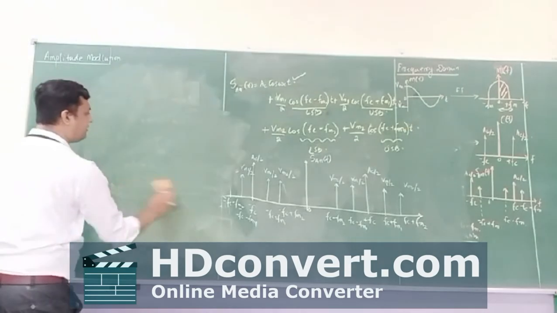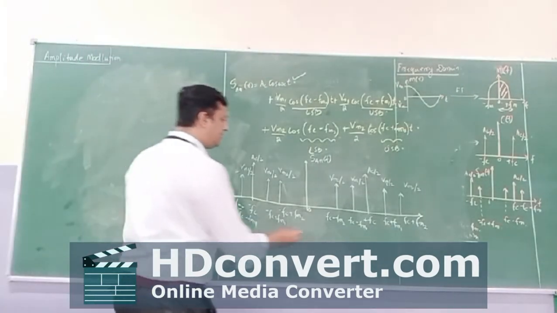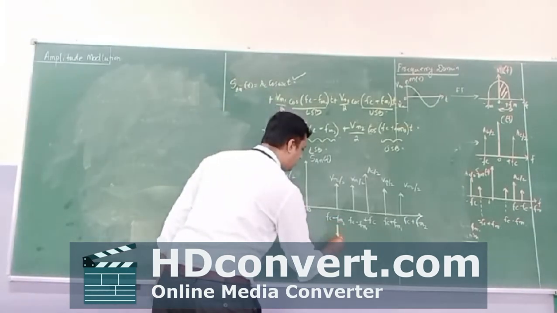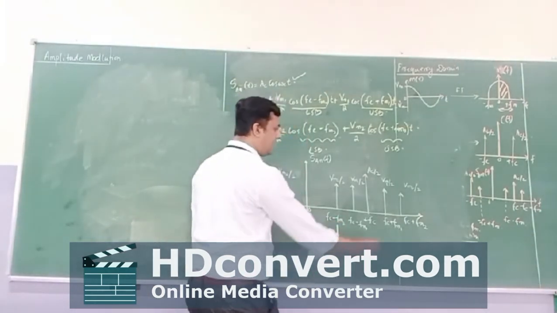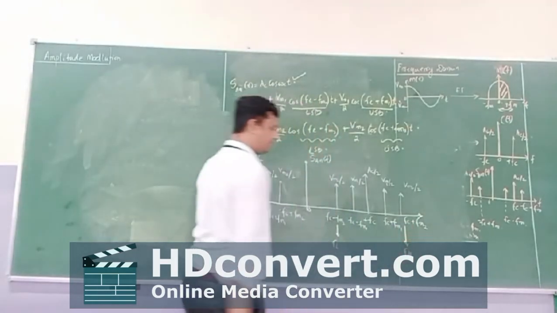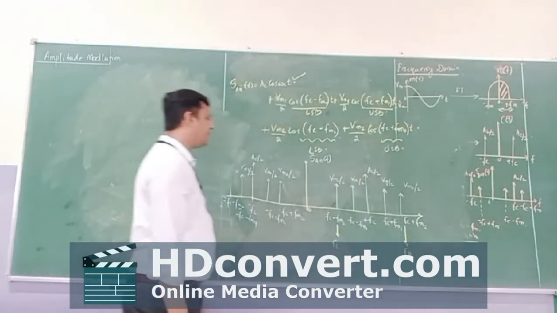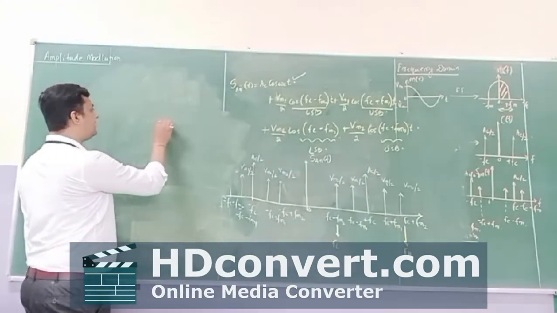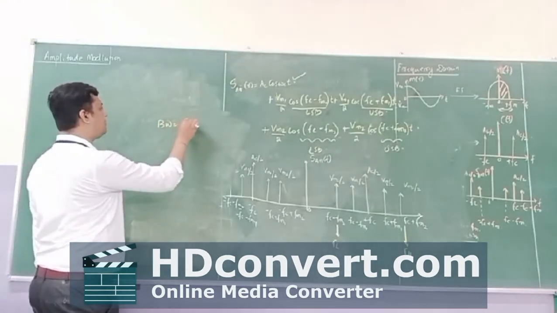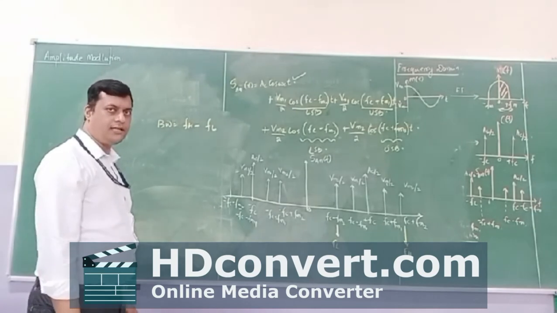The bandwidth calculation of a multi-tone signal is very easy. From this you can see this is your lower frequency component and this is your higher frequency component. So what will be the bandwidth?